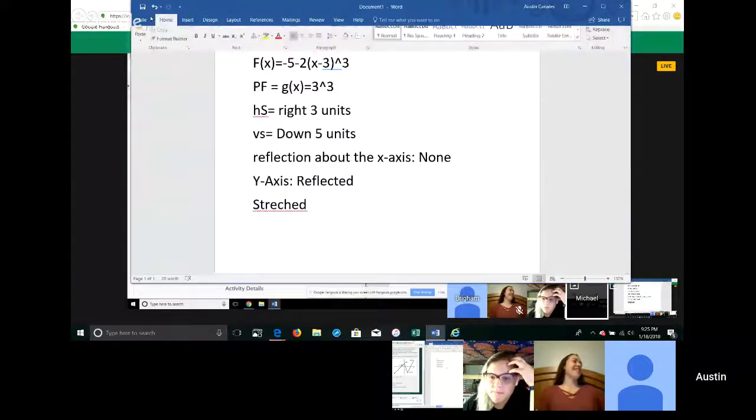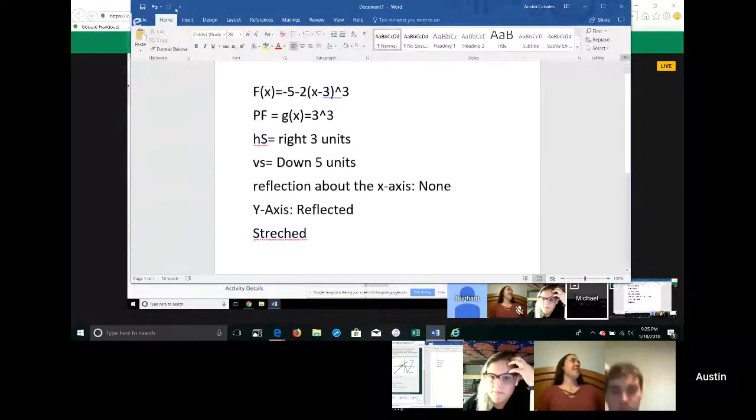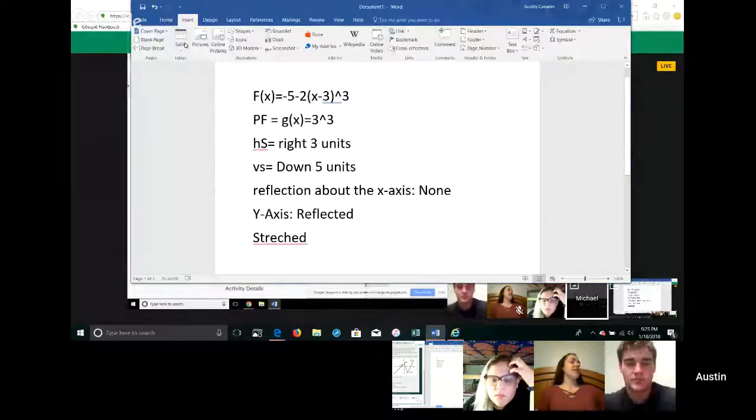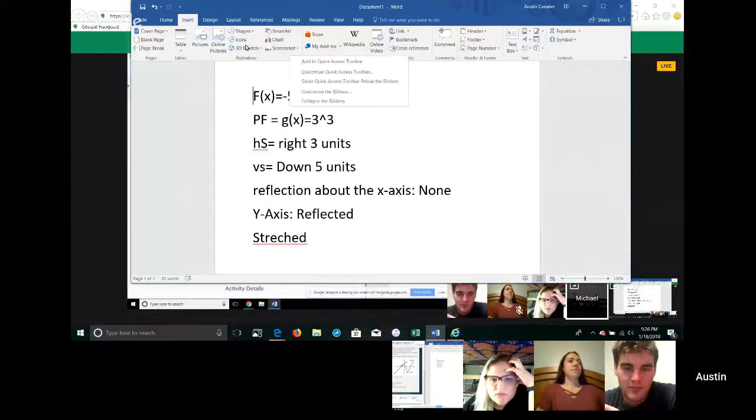Uh-oh, where did that go? How do you draw on a Word document? It's under Insert, like a draw option. I can't find the draw. Let's see. Maybe I can do that.